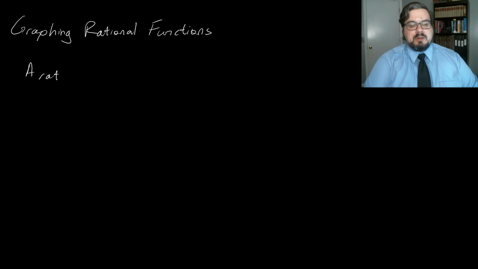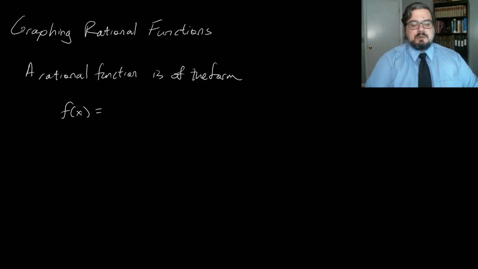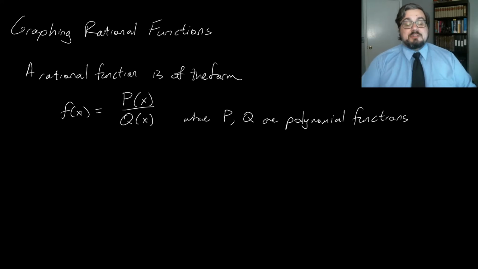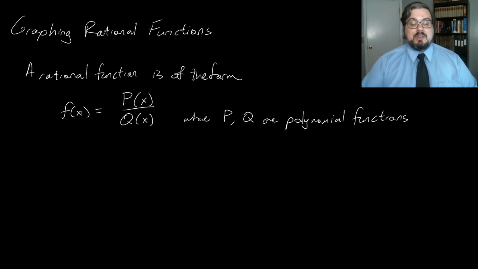So a rational function is of the form f of x equals p of x over q of x, where p and q are polynomial functions. So they are functions that can be described using formulas that are rational expressions, that is, one polynomial over another one.